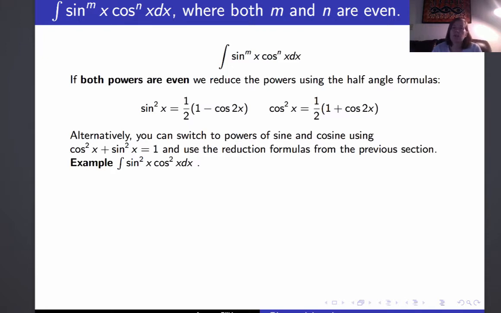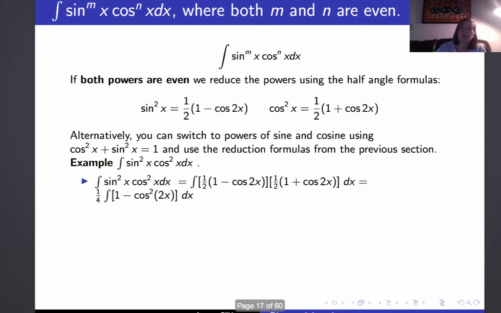Alternatively, you can switch to powers of sine and cosine using cosine squared is 1 minus sine squared and vice versa, and then use the reduction formulas which we talked about a little bit in the previous section, and we'll look at that later. Let's try the half-angle formulas on the integral of sine squared x times cosine squared x dx.